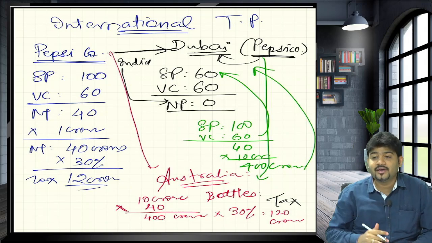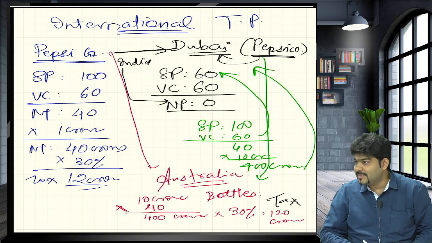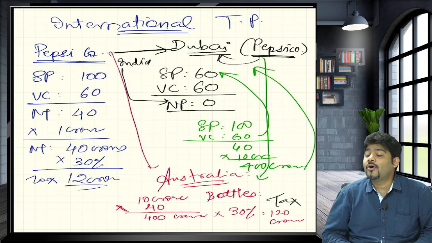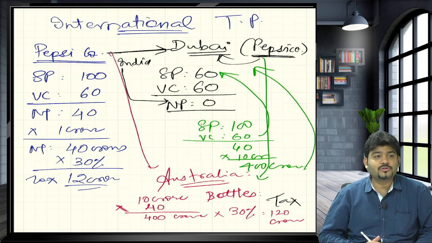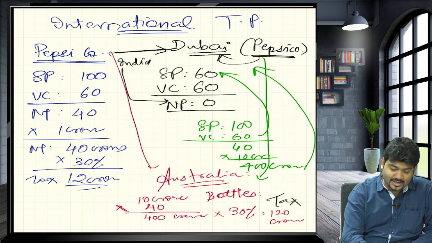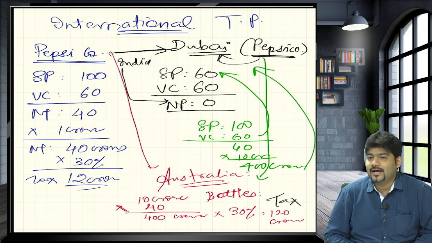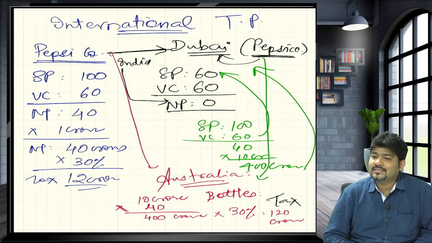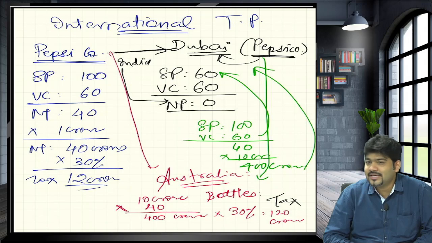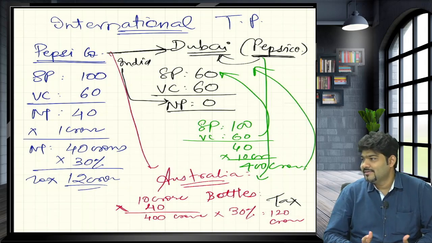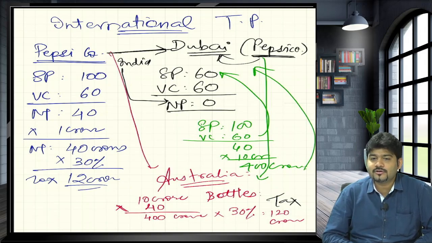Are we understanding? By creating sham companies, a lot of Indian companies started saving huge amounts of taxes. Now suppose you are the government of India, the tax department of India, and you come to know of this transaction, will you stay quiet, or will you get very angry and agitated?